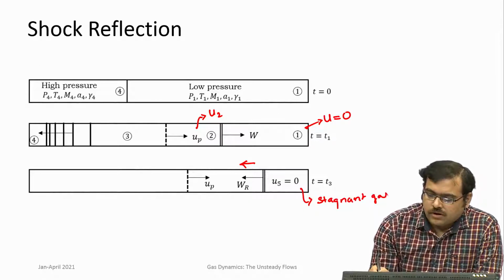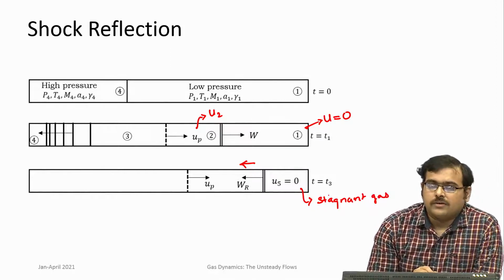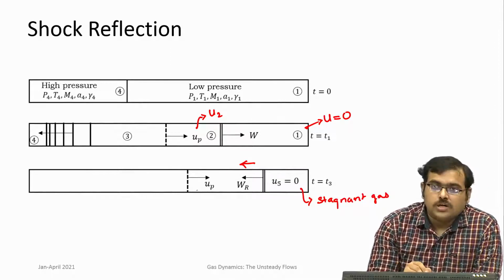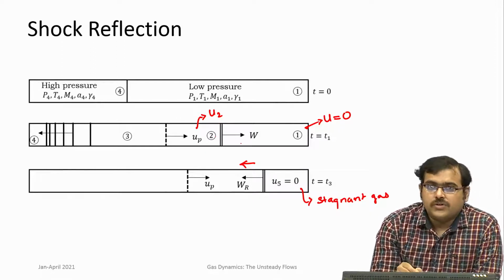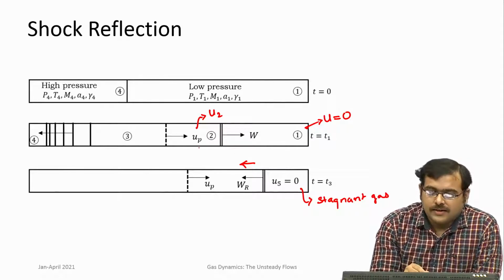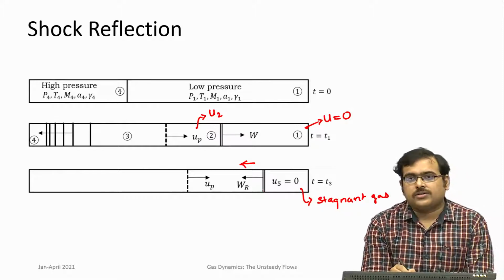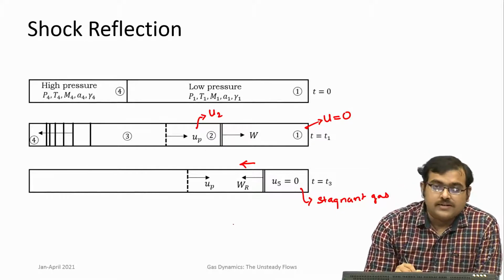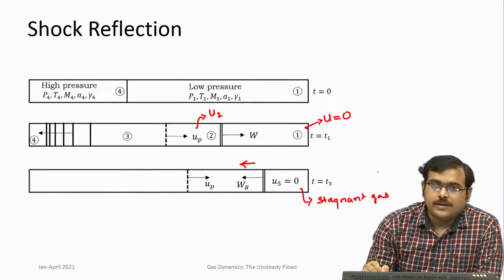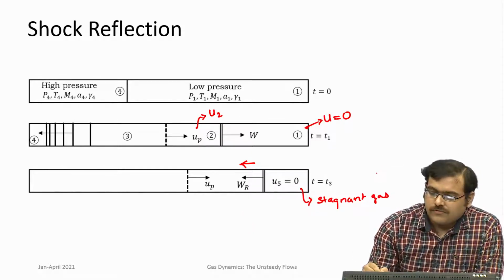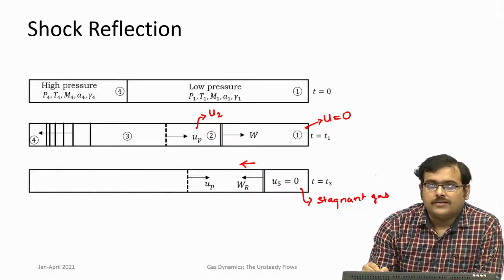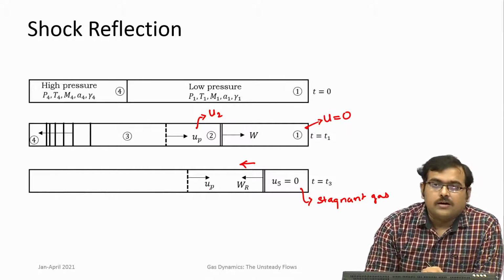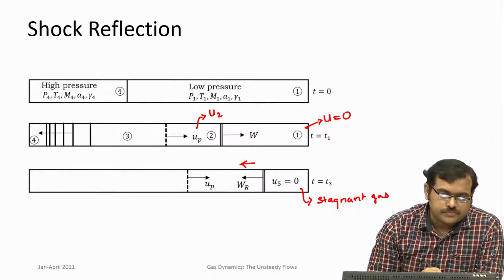Of course, now a shock has passed through section 2 twice, that is, section 2 was initially a result of the primary shock processed gas, and now another shock wave passes through region 2. So now you can expect a significant increase of pressure and temperature after the reflected shock has gone through the region 2.